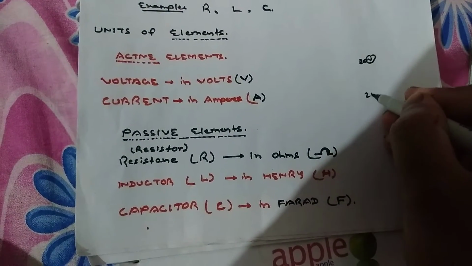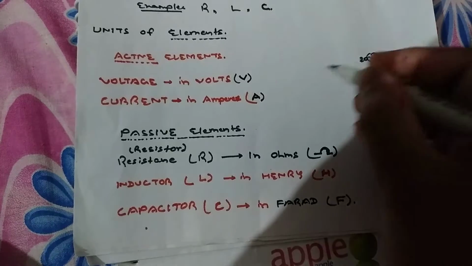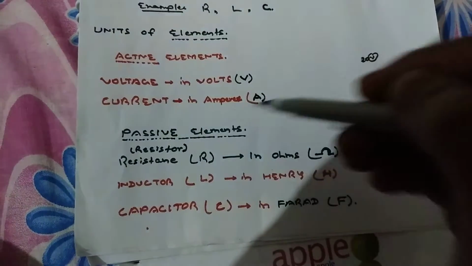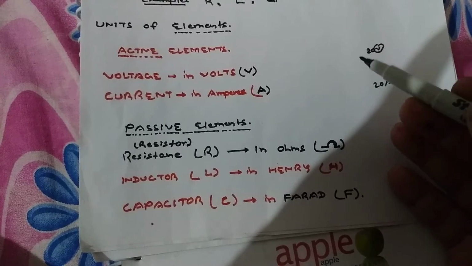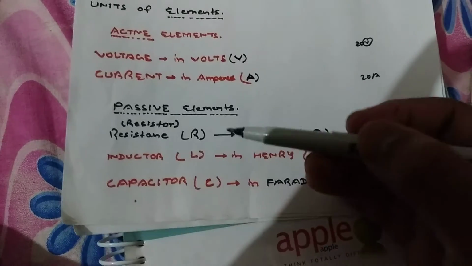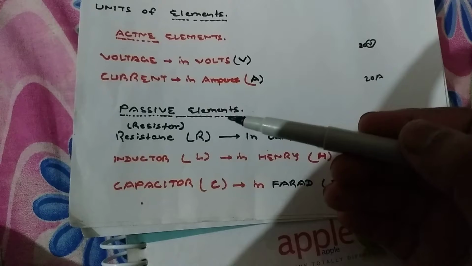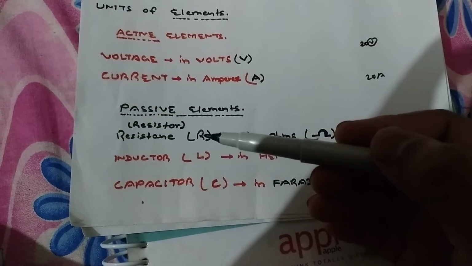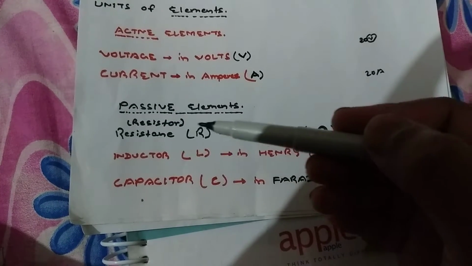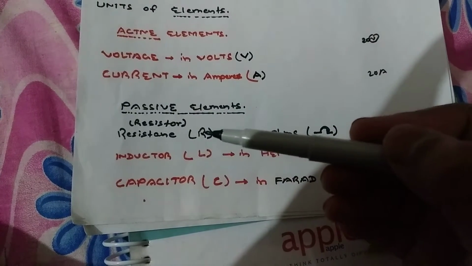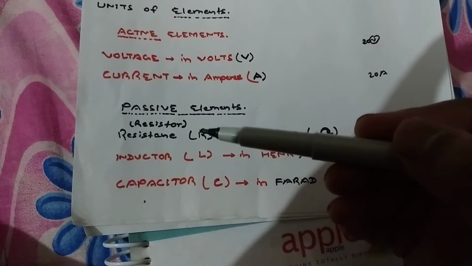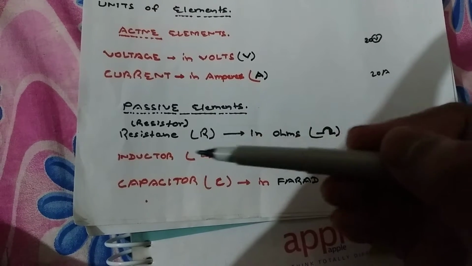If you are writing 20 ampere, then A represents current, the magnitude of current and magnitude of voltage. Similarly, passive elements. Passive elements are those which either dissipate energy or store energy. Here R only dissipates energy.